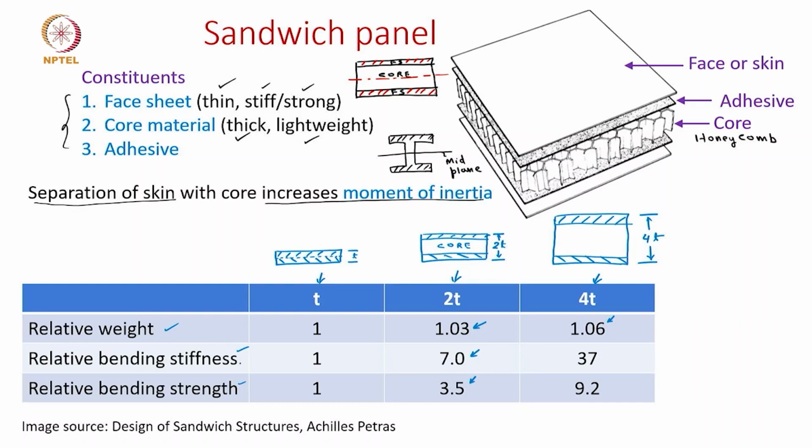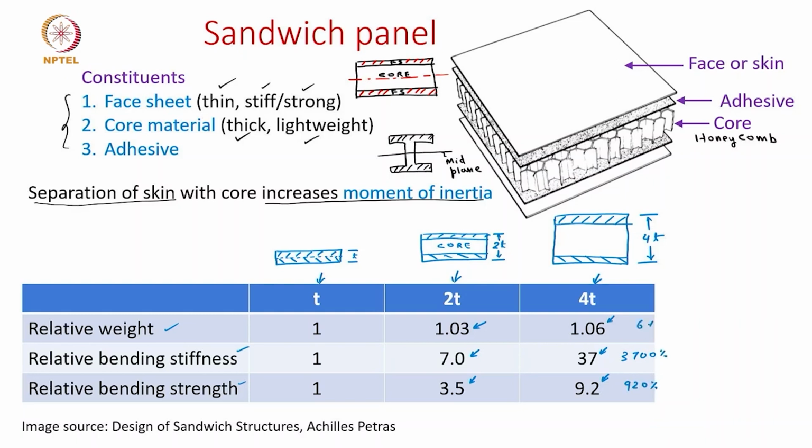But as you can see, the bending stiffness increased tremendously. It increased by 37 times the initial reference value, and the bending strength increased to 9.2 times the initial bending strength. So in percentages, we have gone to 3700% and 920%.